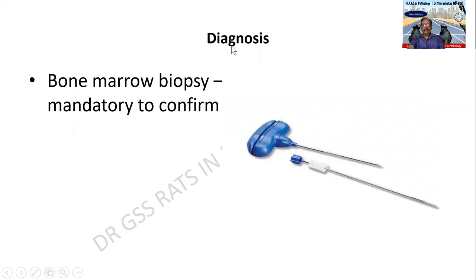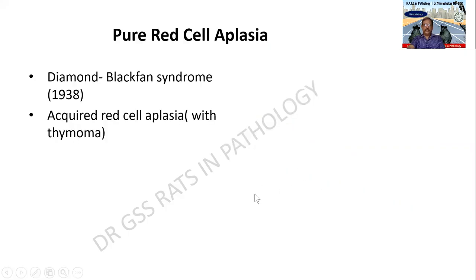And for the confirmation, we'll have to do a bone marrow biopsy and not a bone marrow aspiration. And this is a Jamshidi needle which can be used for confirmation. There is an entity called pure red cell aplasia. Only the red cells are suppressed. And it was described by Diamond and Blackfan.